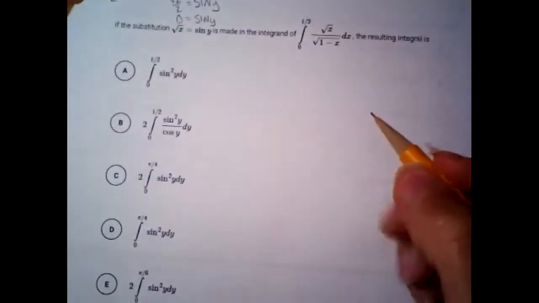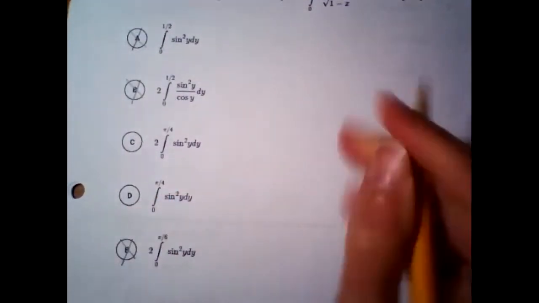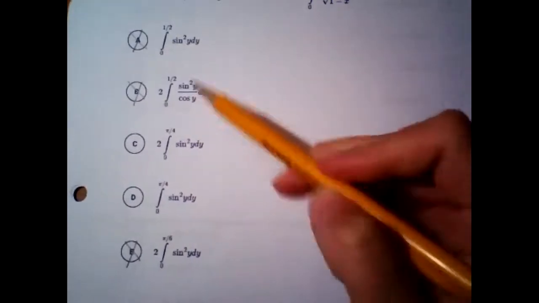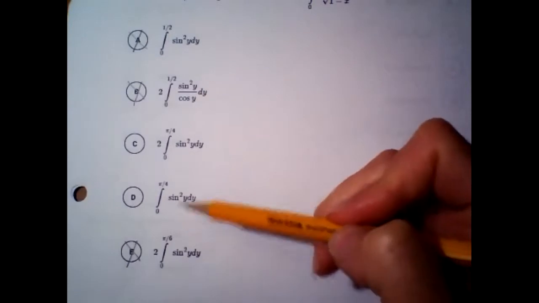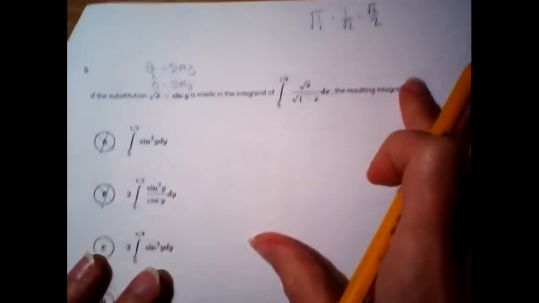So let me see. It cannot be this one, or this one, or this one. So to be perfectly honest with you, if this came up on the AP exam, I would expect you to narrow it down like that and then probably make a guess, okay? Because the rest of this is a lot.